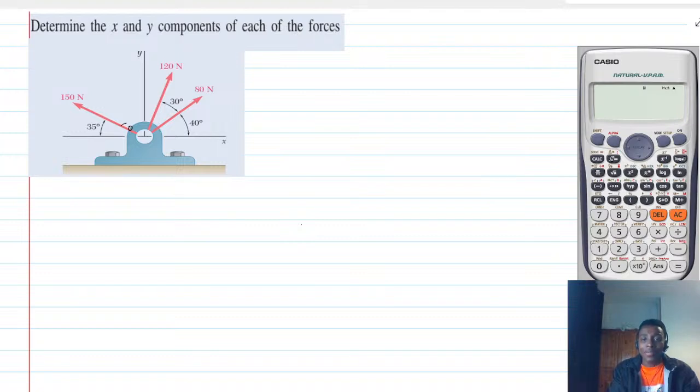So how do I go about this? We've been asked to determine the x and y component of each force.